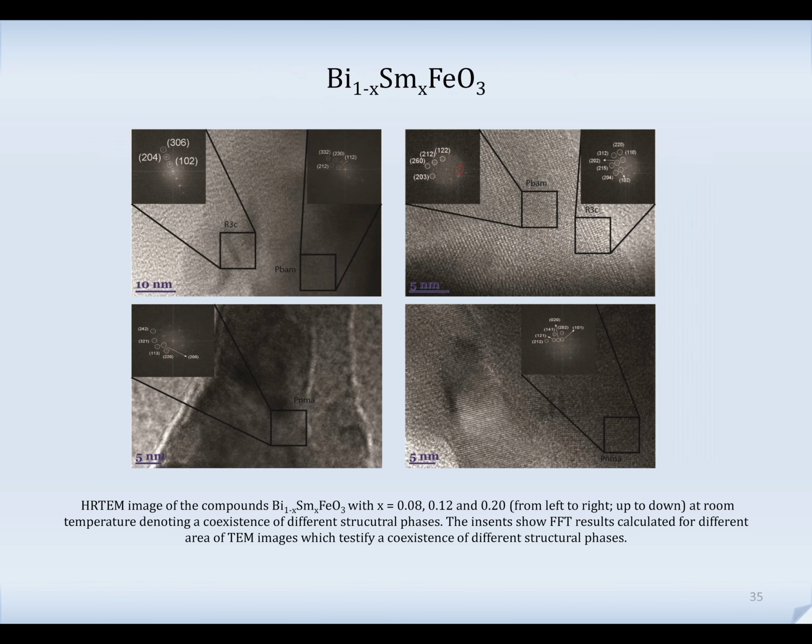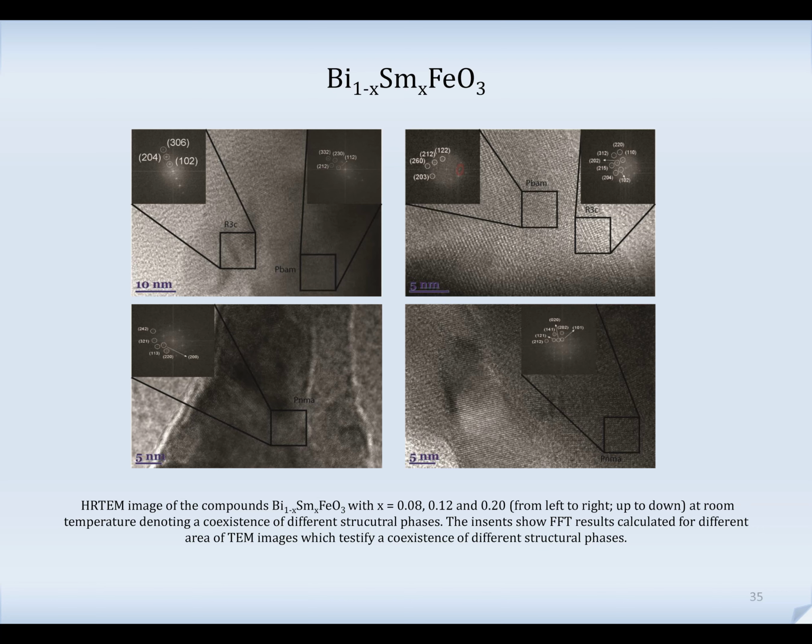It looks like the phase coexistence region is different when we check it using microscopic methods and local methods. Say, using TEM, for 8% of samarium content, which is considered to be single phase rhombohedral, we were able to find local nanoscale clusters with orthorhombic structure.